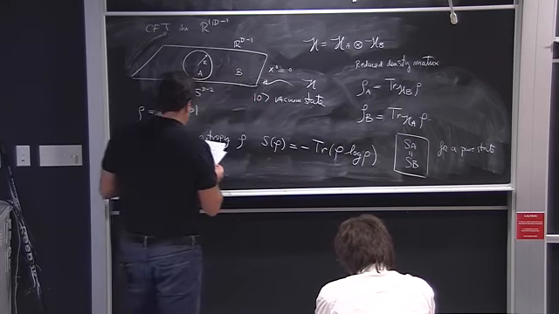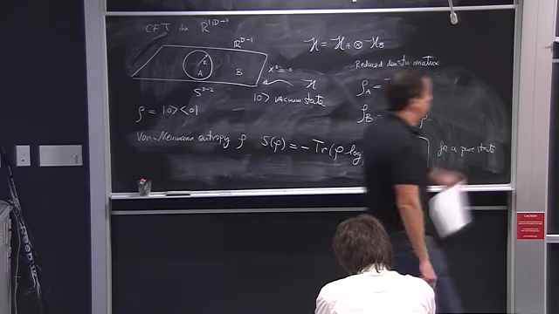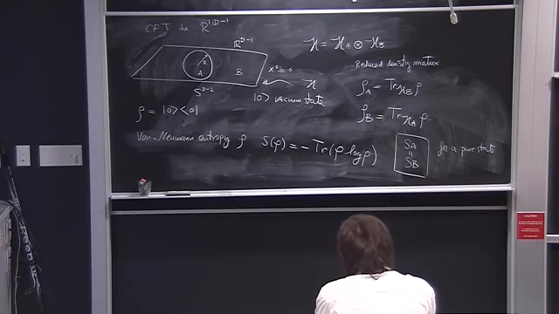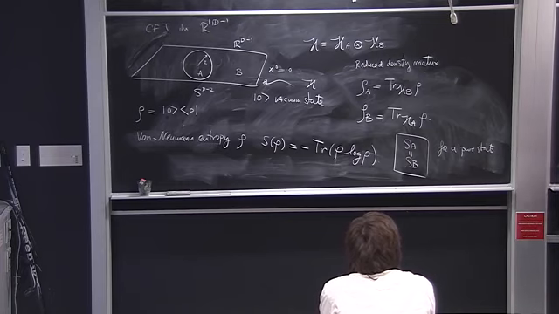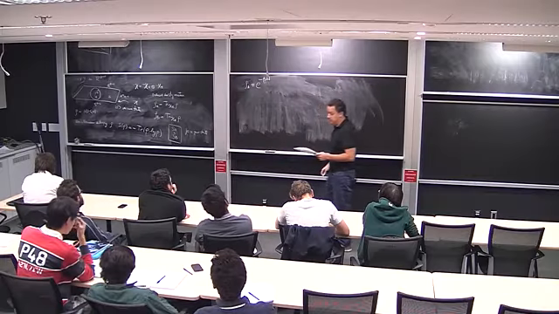And now essentially, something that you can always do is define a formal Hamiltonian by saying that rho A looks like e to the minus beta H. Okay? This is just a formal definition.